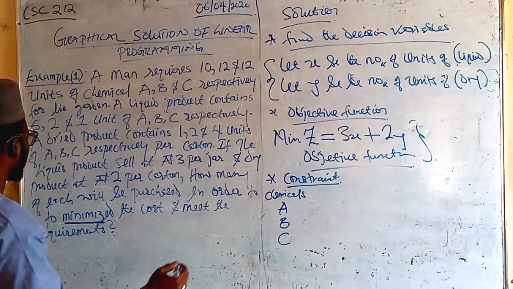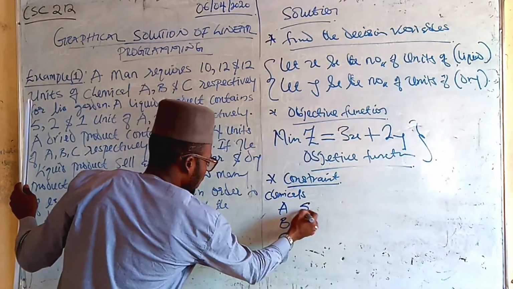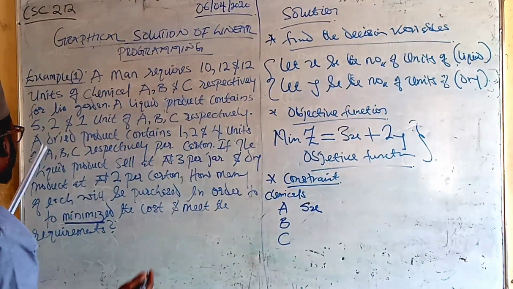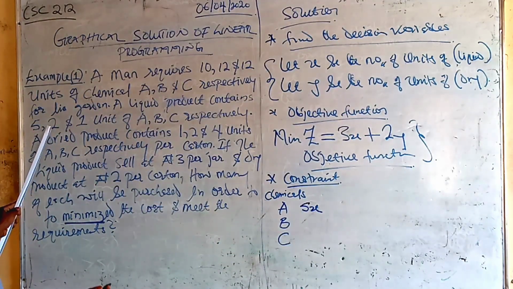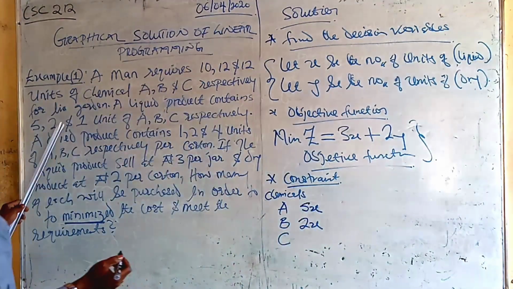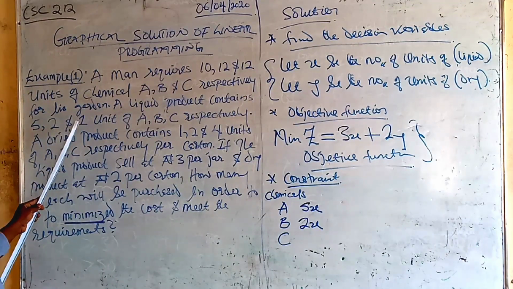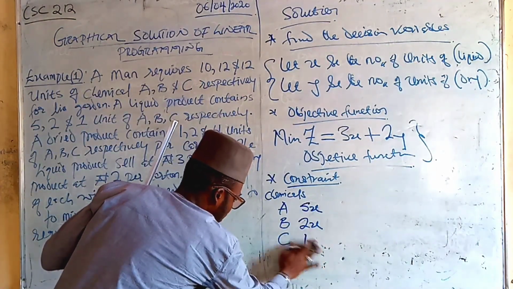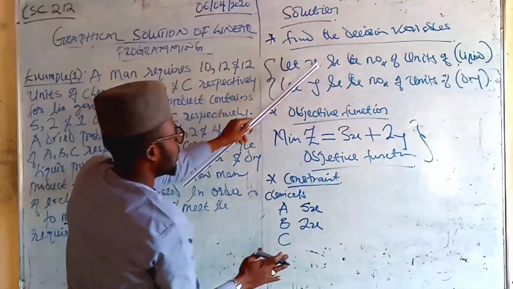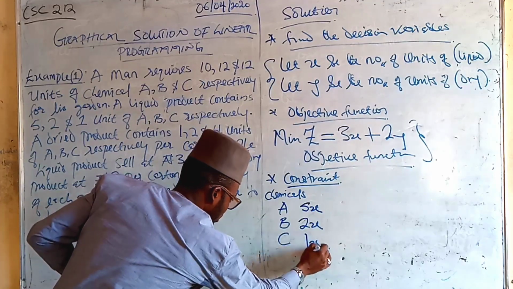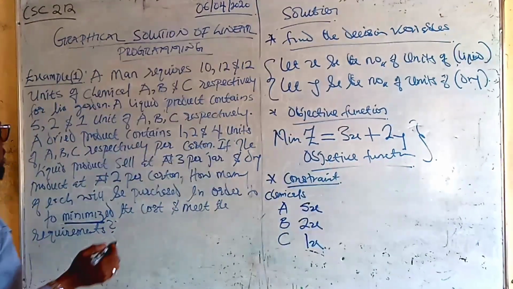So chemical A contains 5 units of the liquid product, chemical B contains 2 units of the liquid product, and chemical C contains 1 unit of the liquid product. So we can say 1x. We can leave it as 1, but since we have already let X be the number of units of liquid, that is why we can set it as 1x.